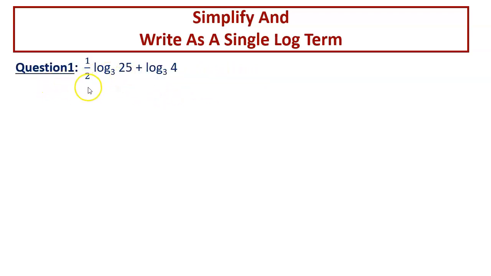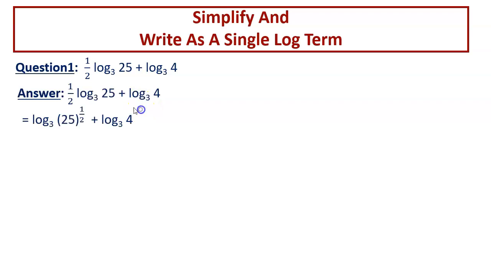The first question says half times log of 25 to the base 3 plus log of 4 to the base 3. We have to simplify this expression and give the answer as a single log term. So we see there is this coefficient over here which can be taken to the power of the argument.